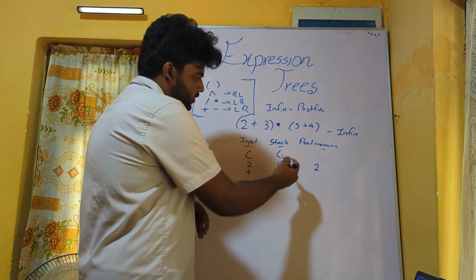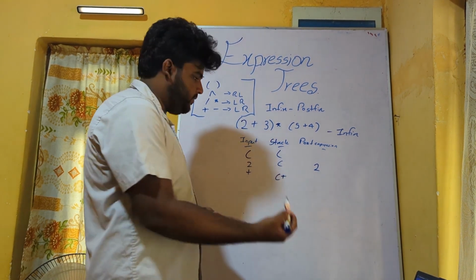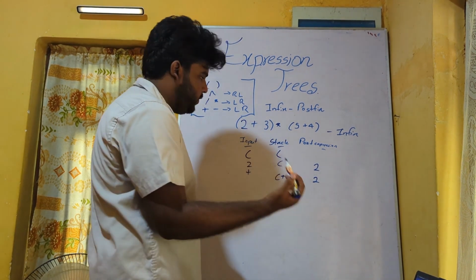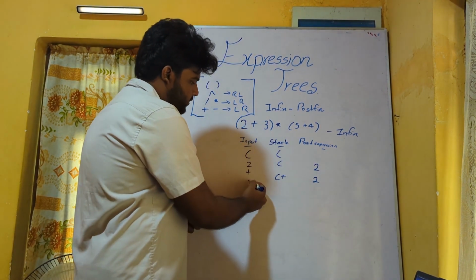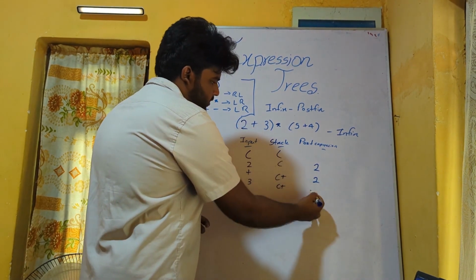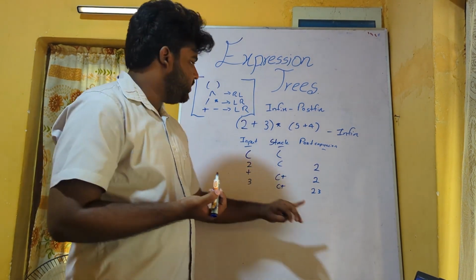Here I have no other operators in my stack, so I just simply write plus here. And my expression still has the number 2. Then I have 3, again an operand.